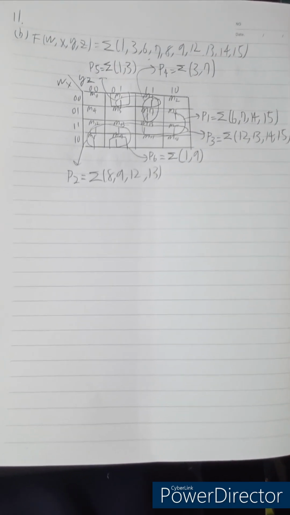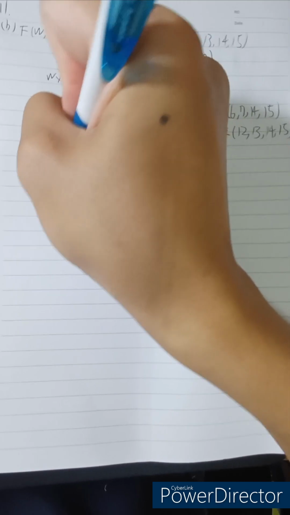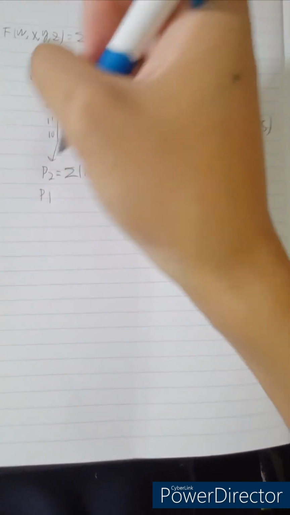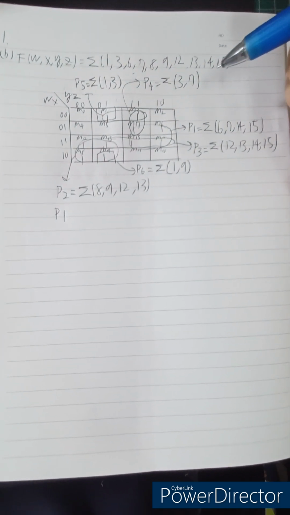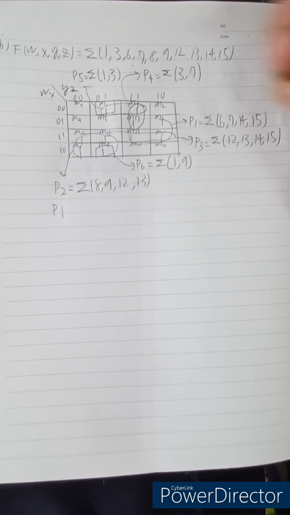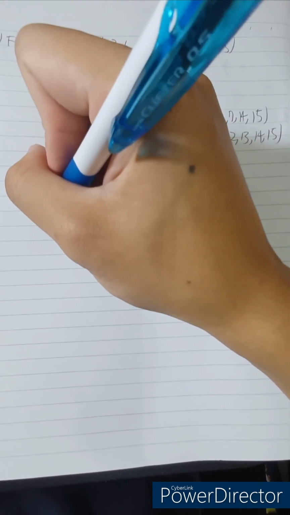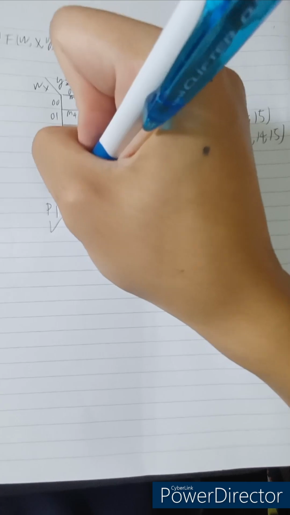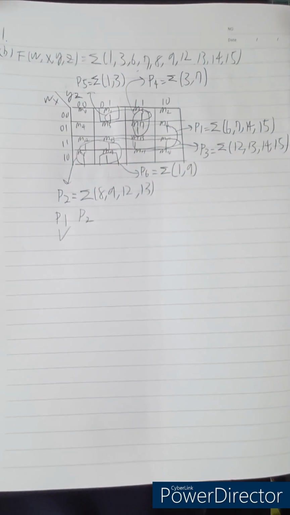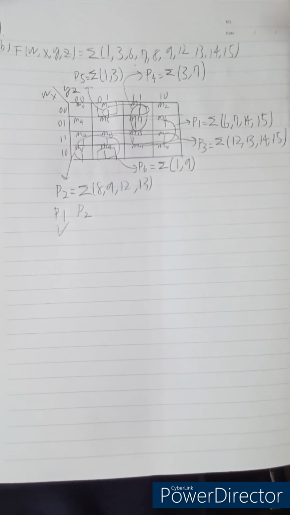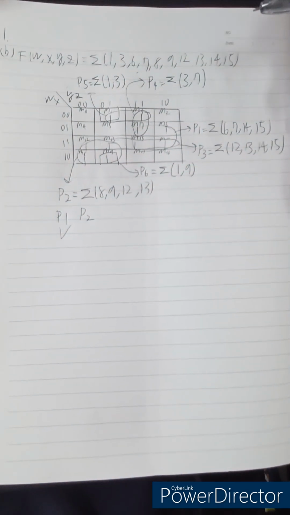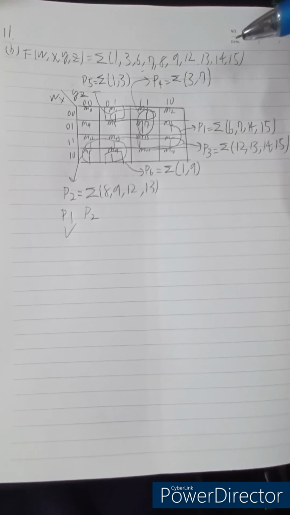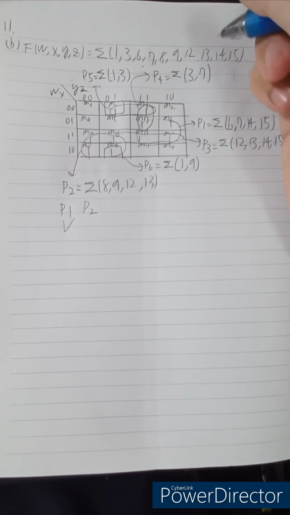Now let's check P1, and we can find that minterm 6 is only covered by P1, so P1 is an essential prime implicant. How about P2? We can find that minterm 8 is only covered by P2, so P2 is an essential prime implicant.